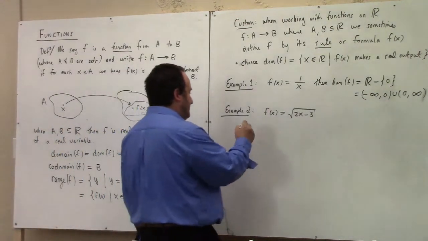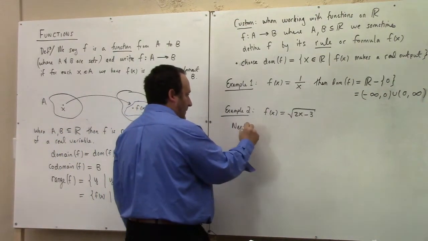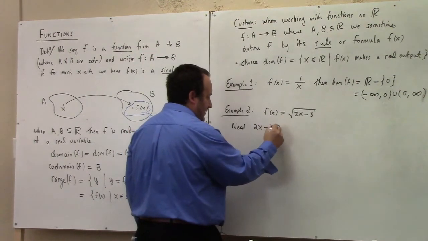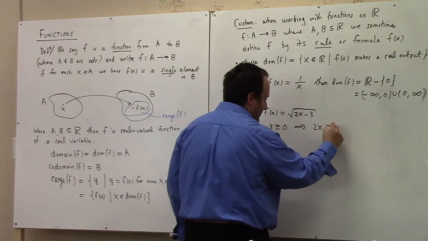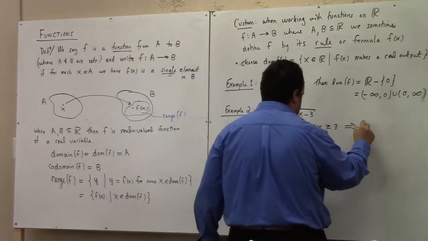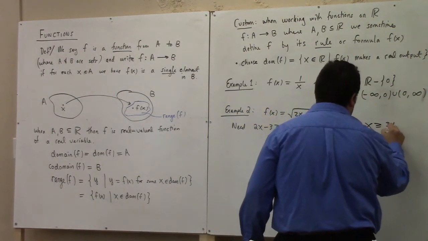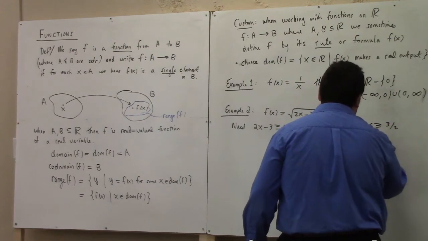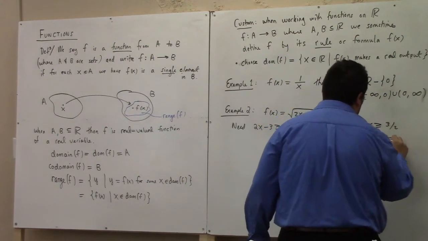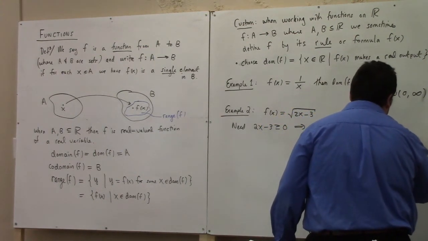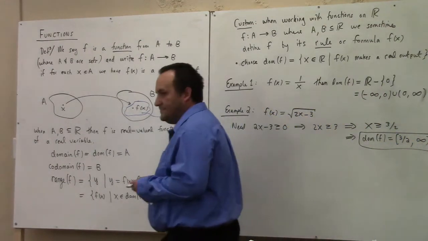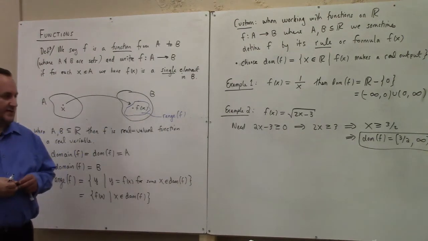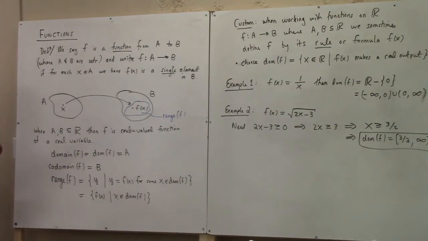So we need 2x minus 3 greater than or equal to 0, which tells me that 2x is greater than or equal to 3, which tells me that x is greater than or equal to 3/2, which tells me that the domain of f is [3/2, infinity). So as long as I take numbers larger than 3/2, the formula makes sense. Great.